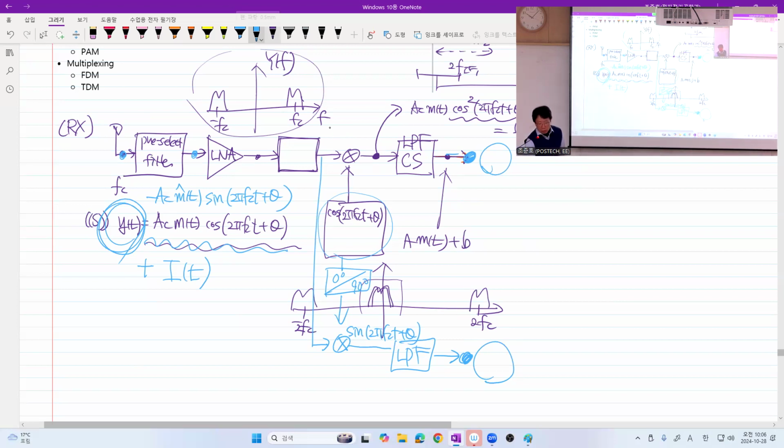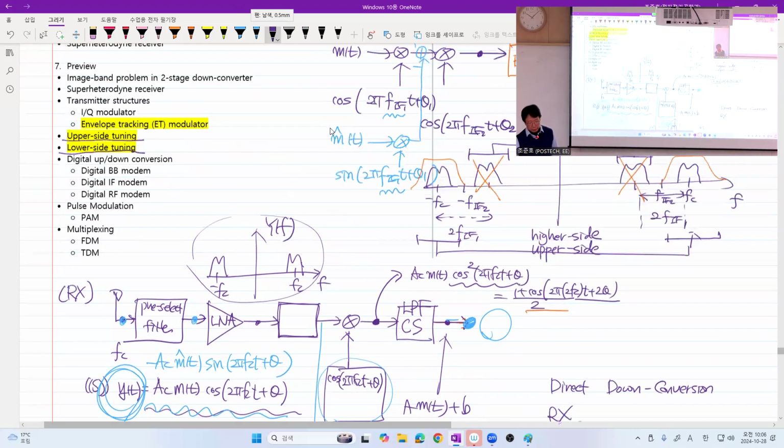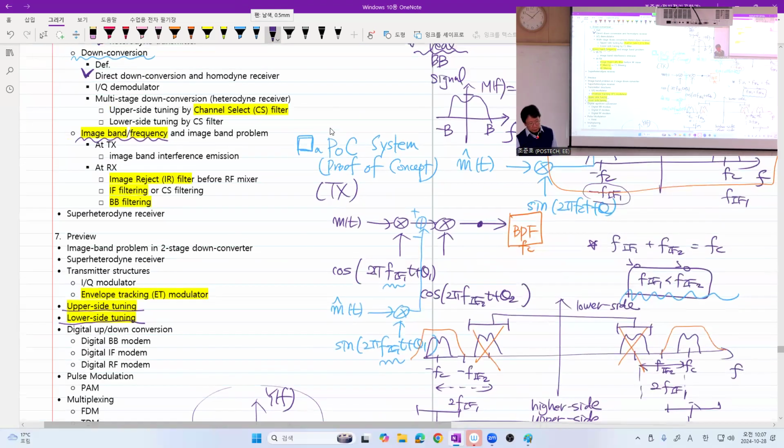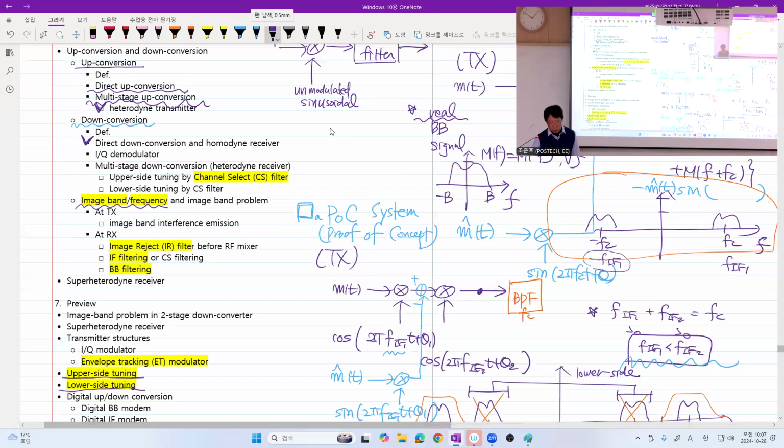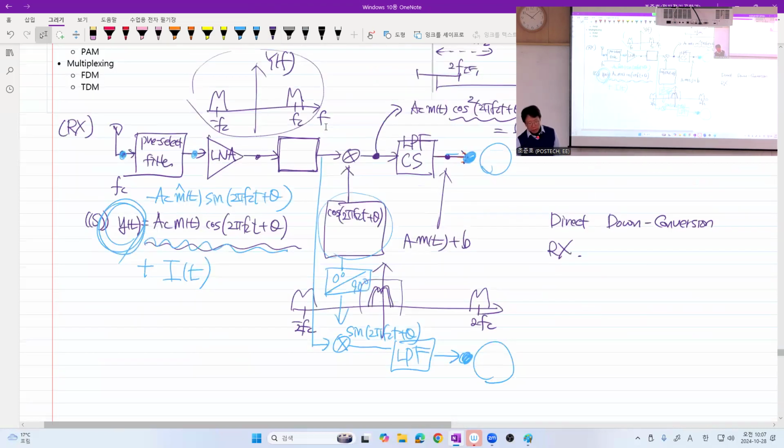And this structure is called a direct down conversion receiver. It does homodyning, right? Sometimes this is called an IQ demodulator. The upper branch handles in-phase components, the lower branch handles quadrature phase components.